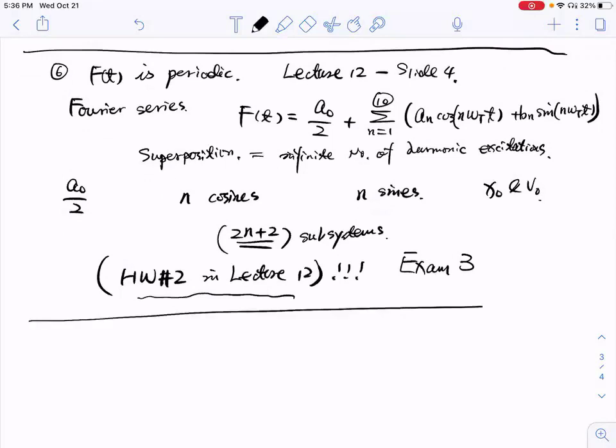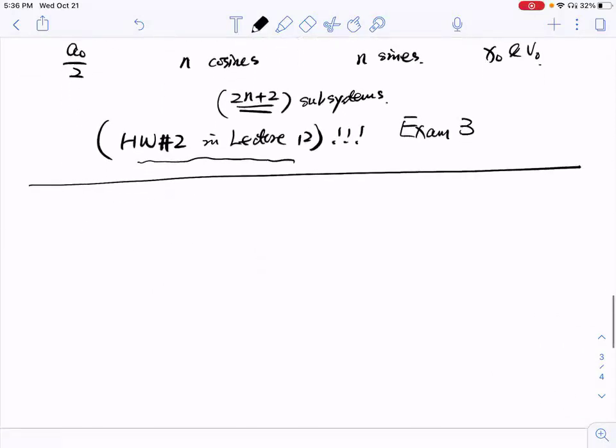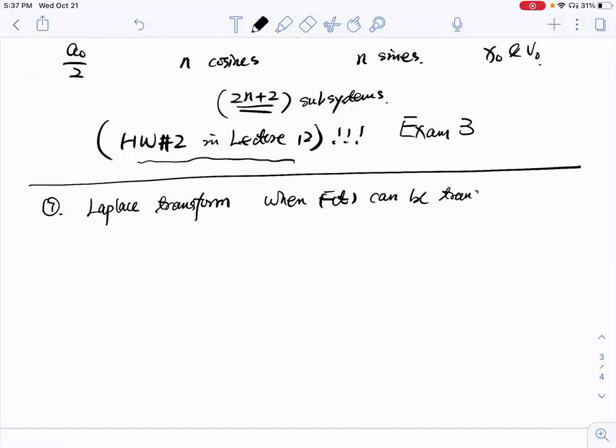All right, so the last case is Laplace transform. That means when your f(t) can be transformed to the S domain.